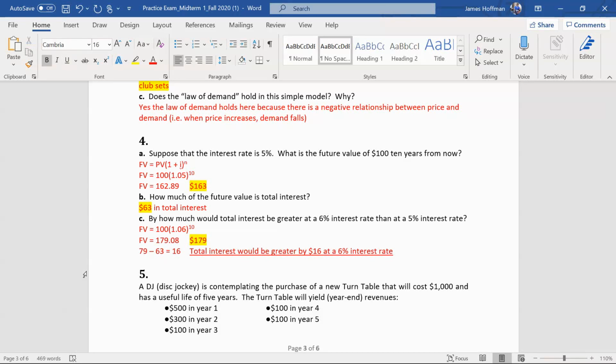Alright? Okay. Questions on number 4? So make sure you use this formula for those calculations.